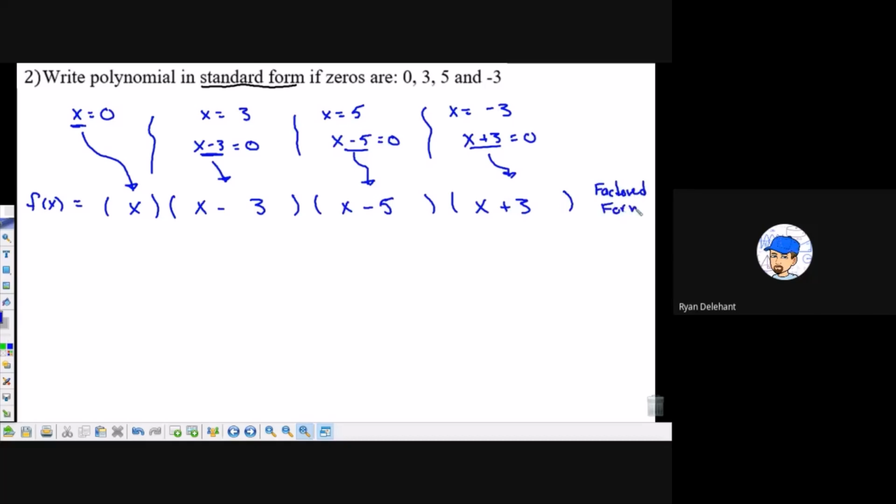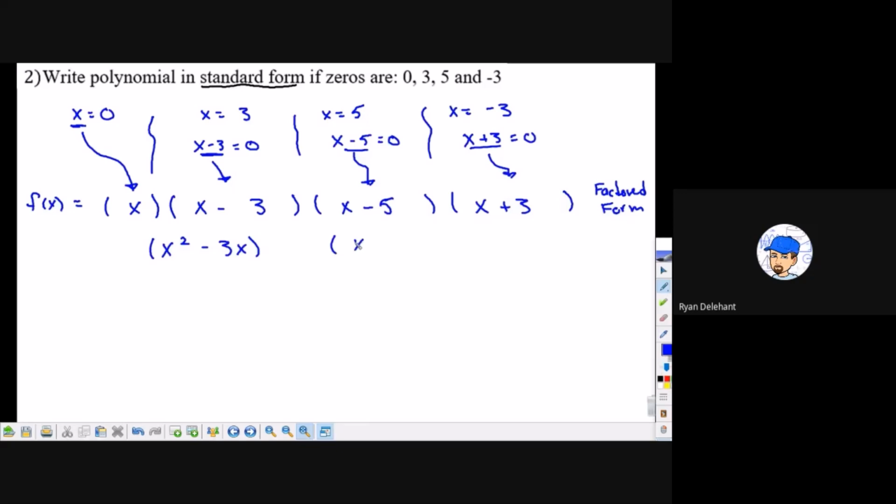To get that, we'd have to factor the standard form, but it shows us all 4 of the factors laid out. To get to standard form, you just need to multiply stuff out. I would pick pairs and multiply them out into quadratics and then draw the box from there. So x times both of these is going to give us x squared minus 3x. We multiply these together.